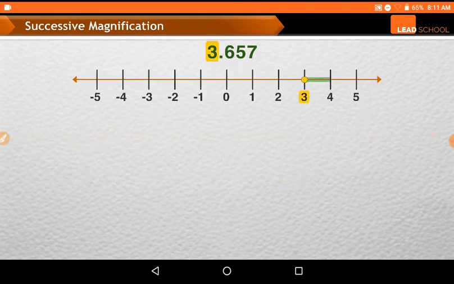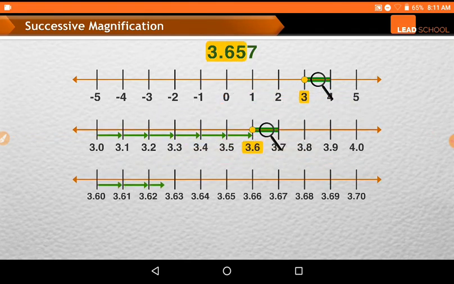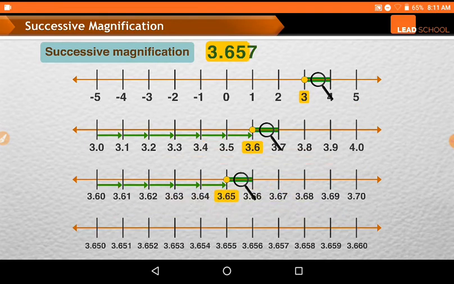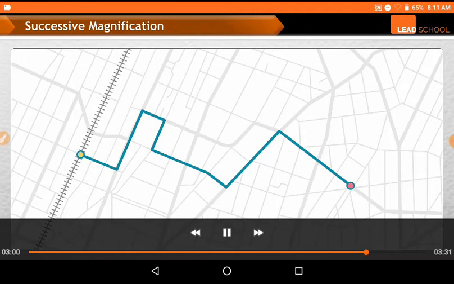This method of magnifying a portion of the number line to get the closest value is known as successive magnification. It helps to represent any real number, recurring and non-recurring, with a decimal expansion on the number line. Let's quickly see another example of representing a number using successive magnification.